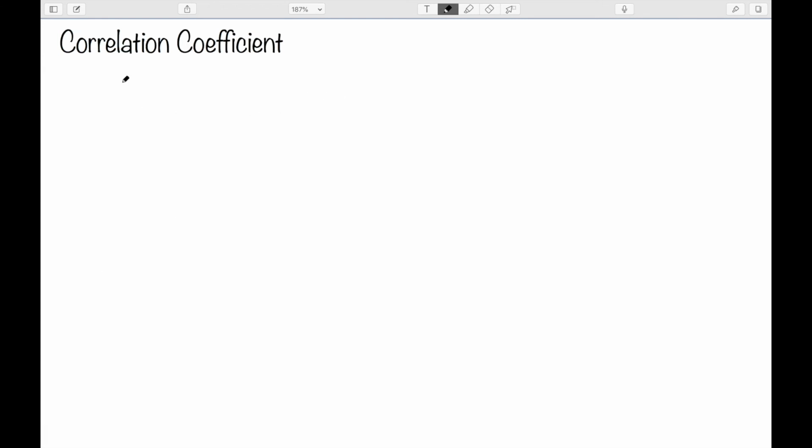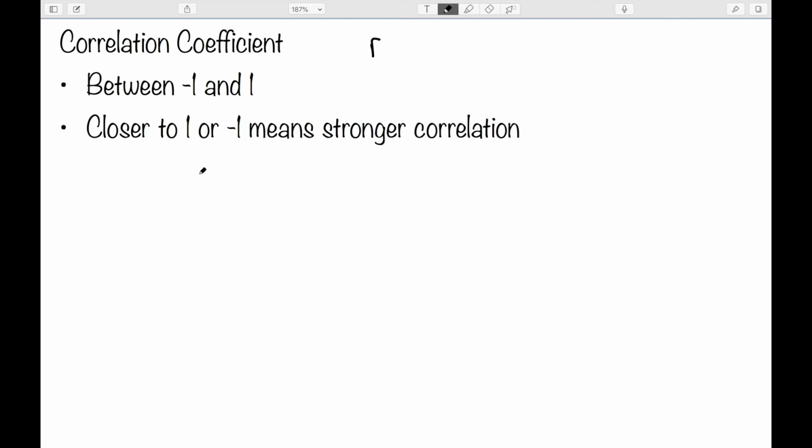Next, I want to look at the idea of the correlation coefficient, which is denoted by r. So this is a number that tells me how weak or strong my relationship is, as well as if it's positive or negative. The correlation coefficient is a number that's between -1 and 1. The closer this number is to either 1 or -1 means I have a stronger correlation.